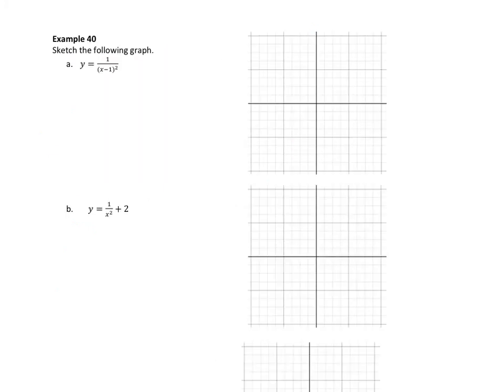Okay, so now we move on to our truncus graph. Hopefully, obviously the key feature of our truncus compared to our hyperbola is the x squared factor in the denominator, which straight away should tell us that we're only typically going to get positive values. So my standard truncus graph looks a bit like that. So this one has been shifted 1 unit right, so I'm going to work with half units again.